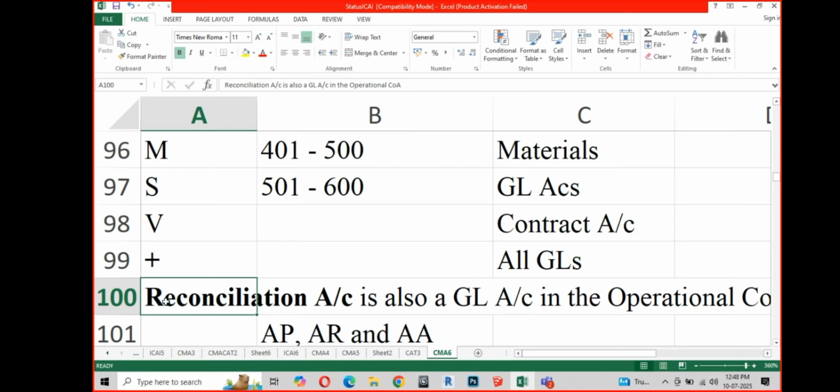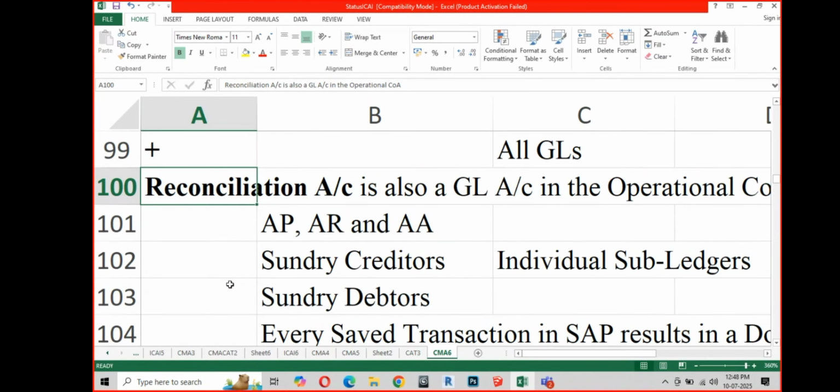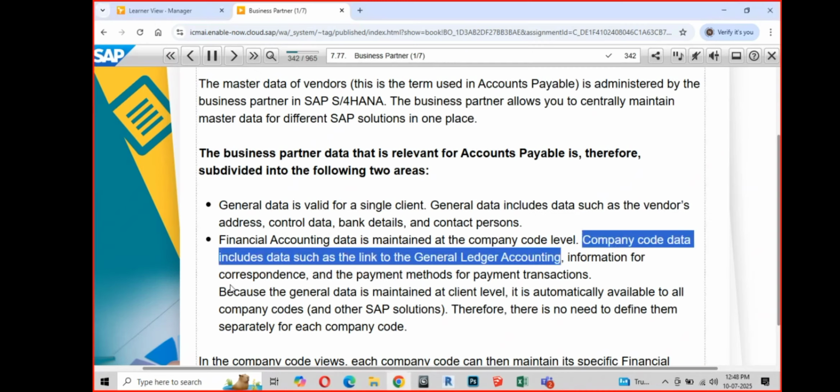Now I hope you're in a position to place things. You would have got a clearer idea as to what a reconciliation account is. The general ledger part of the finance module is talking to the accounts payable submodule of finance. It is within the finance module.